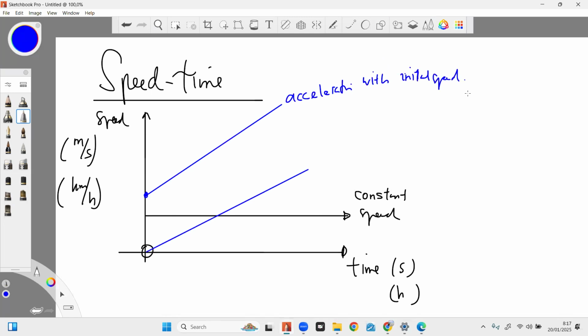For example, you are at a certain speed on a toll road, let's say 20 kilometer over hour. After you hit the gas, you increase your speed. So we have the initial speed. How about this?